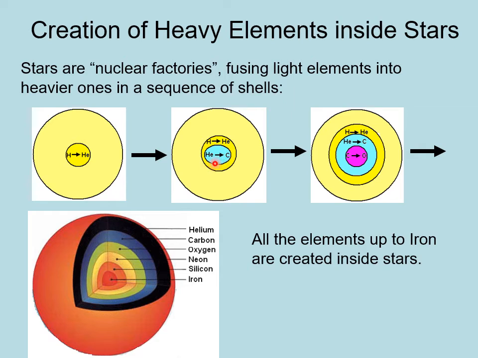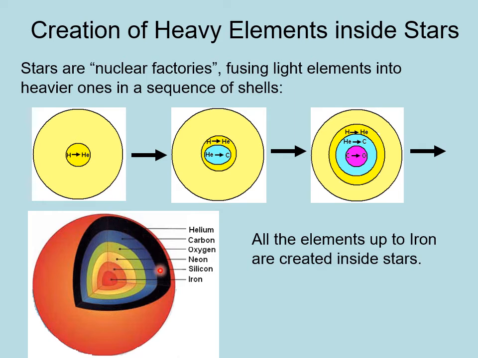All right, if you take 3 heliums and fuse them together at high enough temperatures, like inside the core of this star, you get carbon. And carbon can fuse into oxygen. Oxygen can fuse into neon, which can fuse into silicon, etc., etc. So what we end up with is a sequence of layers, kind of like layers of an onion. And the farther we go into this core of the star, the heavier and heavier the elements become.